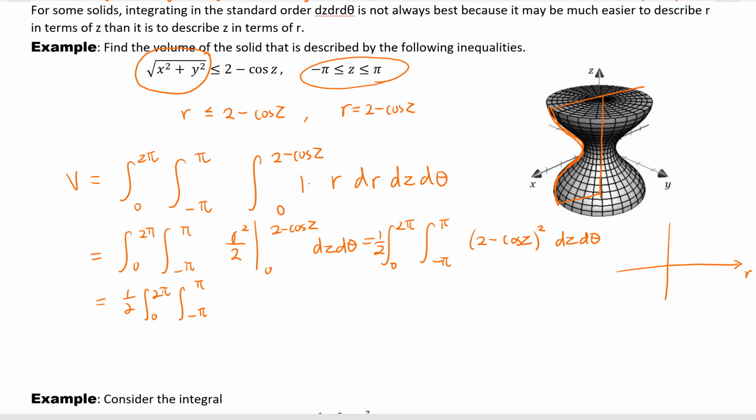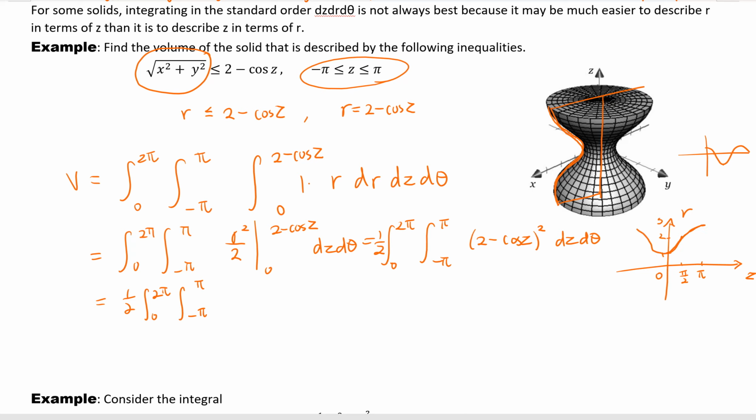Here we have z, here we have r, and what is 2 minus cosine z? Cosine z looks like this. At 0, 2 minus 1 is 1. At pi over 2, 2 minus 0 is 2. And at pi, we have cosine equal to minus 1, so 2 minus negative 1 becomes 2 plus 1, which is 3.